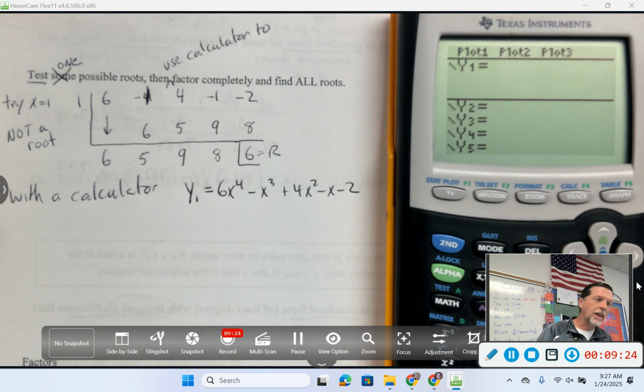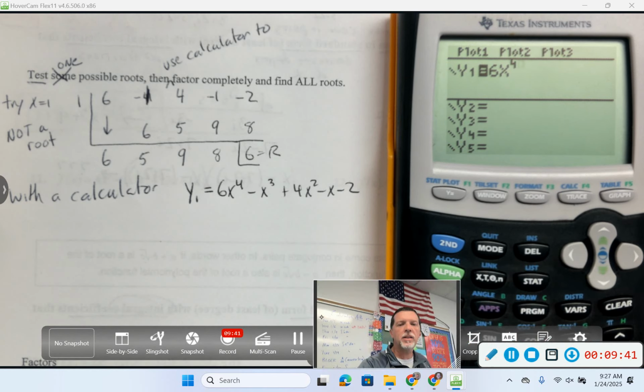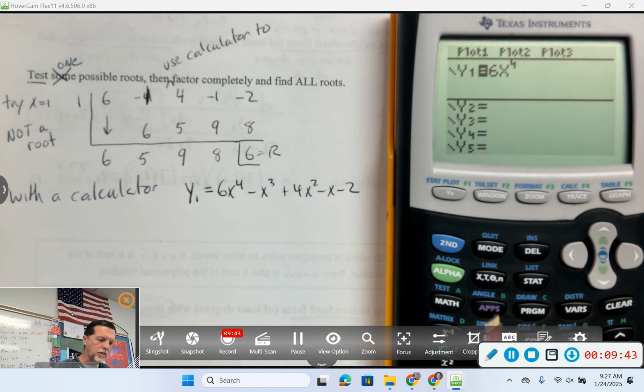So y equals, and again, I'm walking through the 83s. If you're comfortable with the Inspires, that's fine, but I'm not. So when in doubt, use an 83. 6x to the 4th. By the way, the x button on the 83 is toward the top left right there. You just x, t, theta, and n.